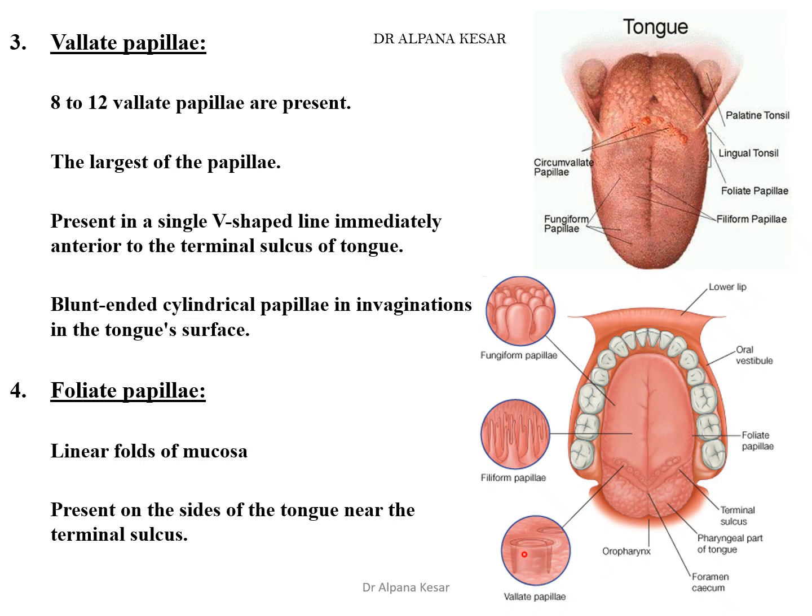They are blunt-ended cylindrical papillae present in invaginations or depressions on the surface of the tongue. They are surrounded by a depressed area, space or trough all around it, and hence the name circumvallate papillae. They have taste buds present in their wall.